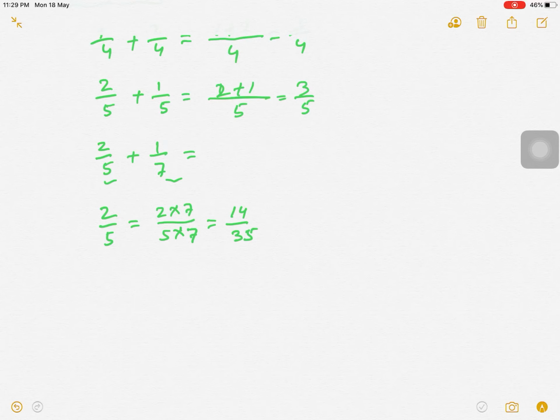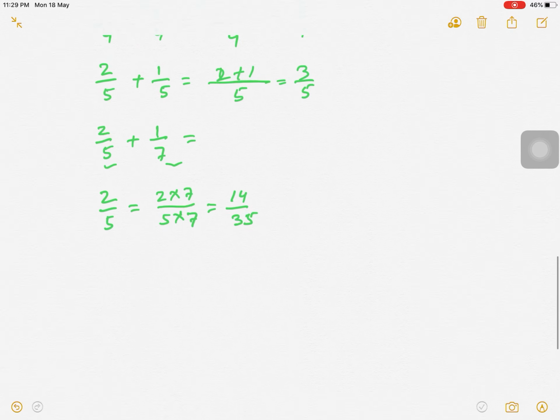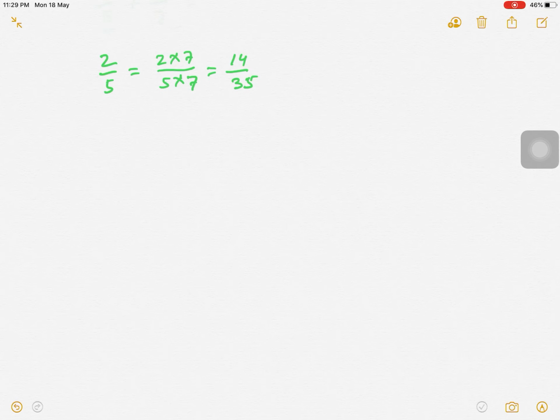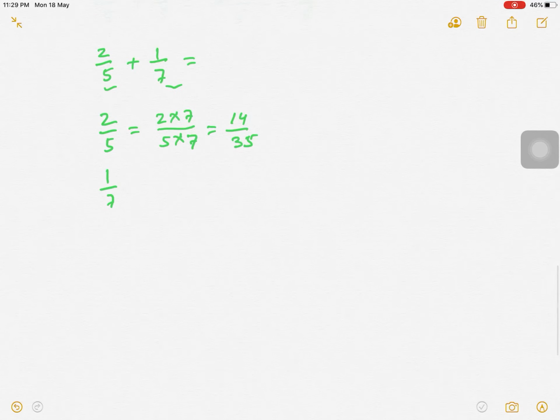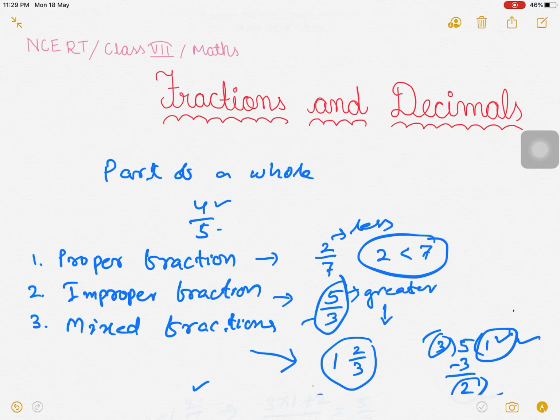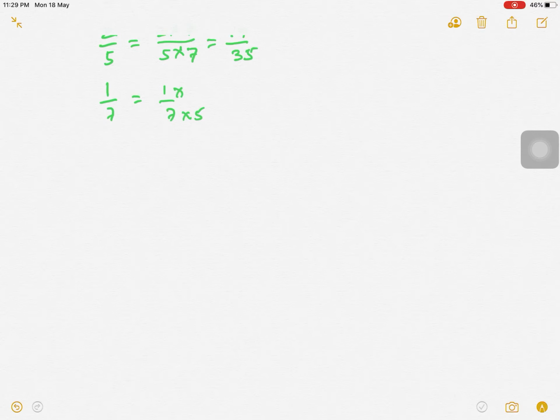If I write 2 by 5 as 2 into 7 by 5 into 7, I get 14 by 35. If I write 1 by 7 as 1 into 5 by 7 into 5, then I have 5 by 35.